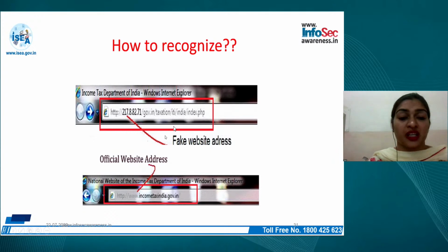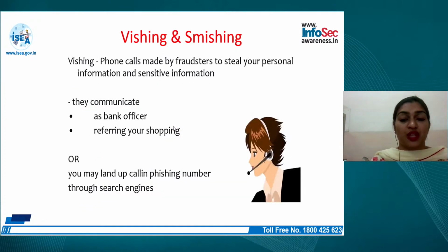So this shows that it is a fake website. The original website looks like this. It includes incometaxindia.gov.in. So these very minute things you have to see, so that you may be able to justify which one is real and which one is not real.